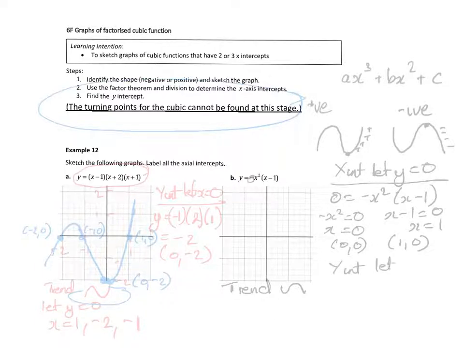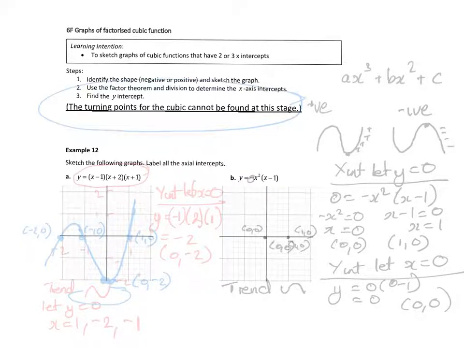Y-intercept, letting x equal 0. Again, we can't find turning points yet. We haven't got the background to do that, but we can find everything else. So letting x equal 0, you get y is equal to 0 outside of 0 minus 1, which is still 0, isn't it? So our y-intercept is 0, 0.